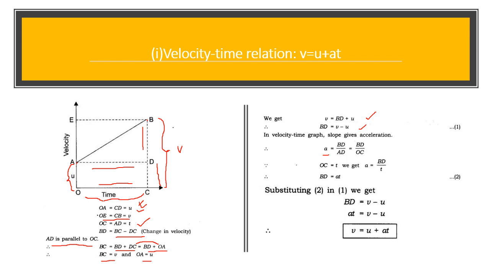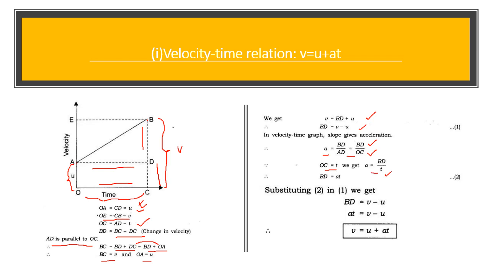This is equal to BD divided by OC, because AD and OC are equal. We know that OC is nothing but time taken. Once you substitute this, you can get A equal to BD divided by T. So what is BD?